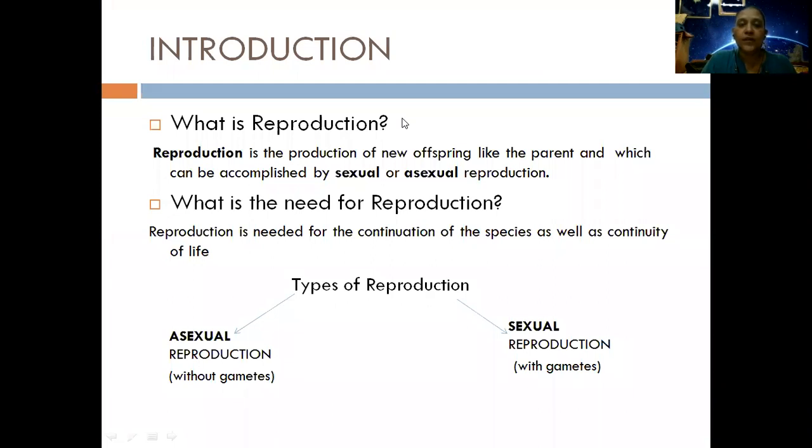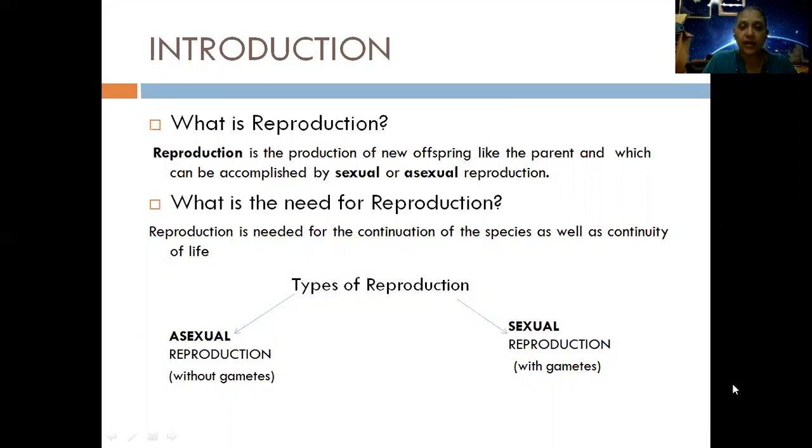Now when we say reproduction in lower and higher plants, we first need to understand what reproduction is. Reproduction means producing a similar kind, that is, offspring similar to the parent.